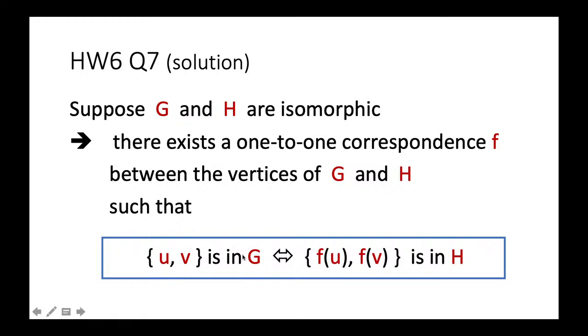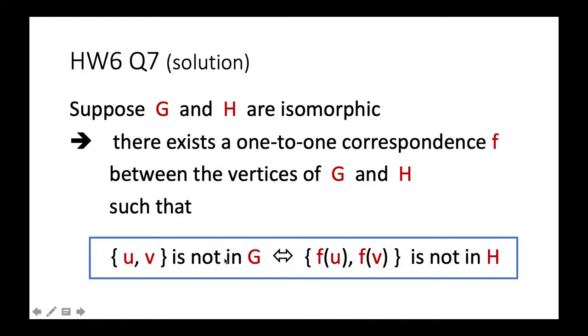So any edge in G has a correspondence to an edge in H, and every edge in H also has a correspondence with an edge in G. The correspondence is done by using a consistent labeling of the vertices, so we relabel the vertices of G into the labels of vertices of H. Now, UV is in G if and only if F(U)F(V) is in H.